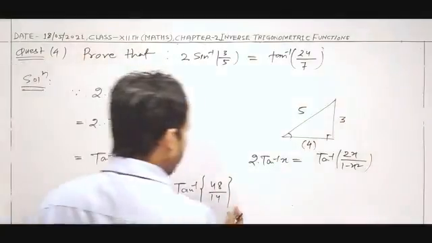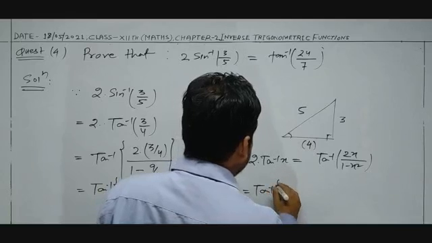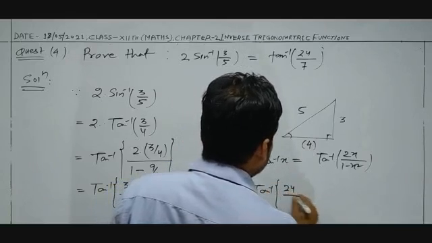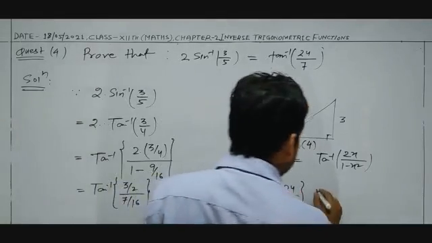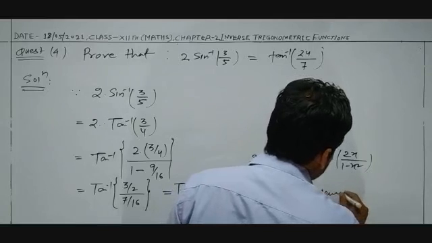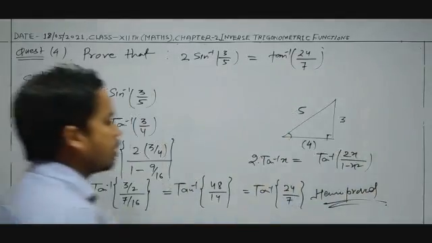This can be reduced. It means the result will be tan inverse 24 by 7. Hence proved.